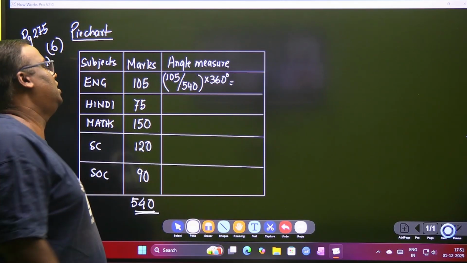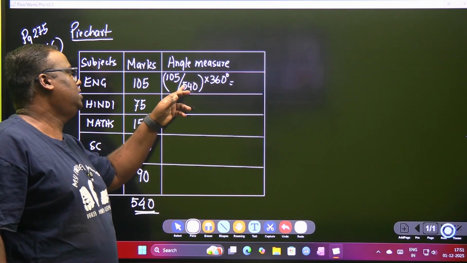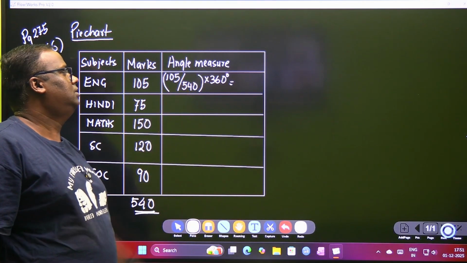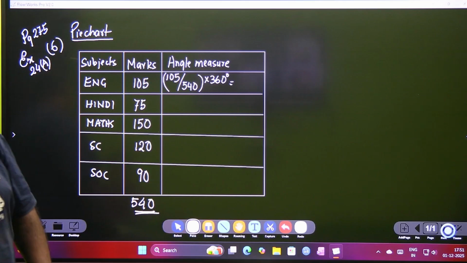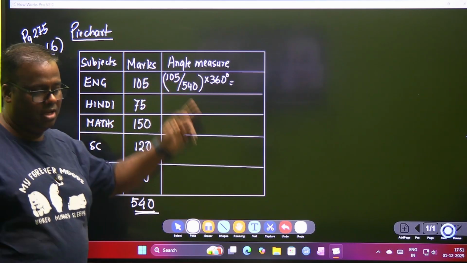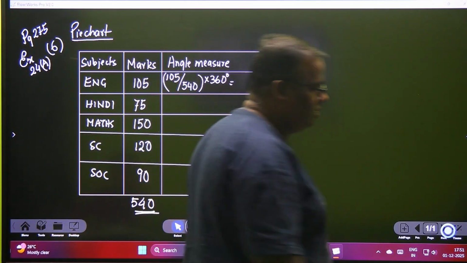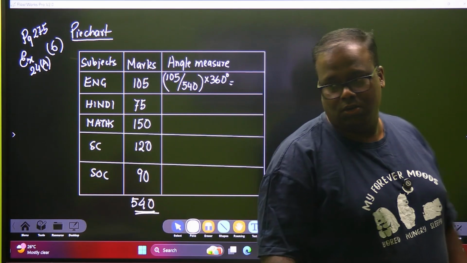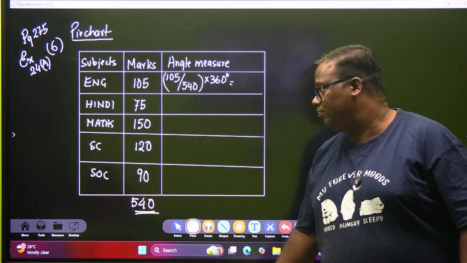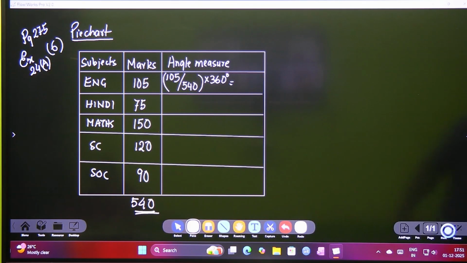18 2s are 36, 18 3s are 54. Then 3 3s are 9 and 15, 3 5s are 15. Let's do it by hand, slowly. So how much is it? 105 over 540 multiplied by 360.